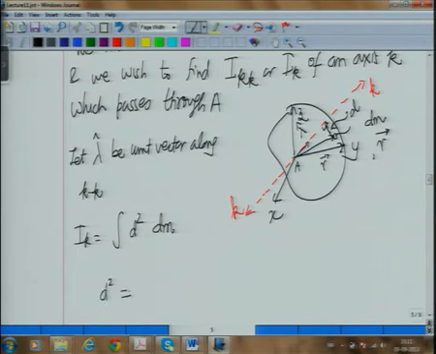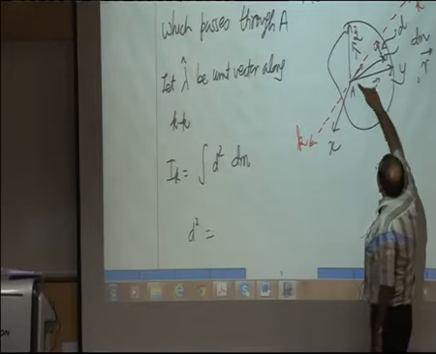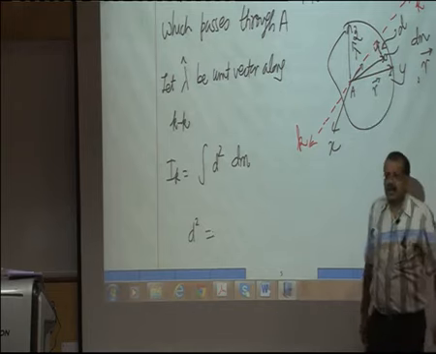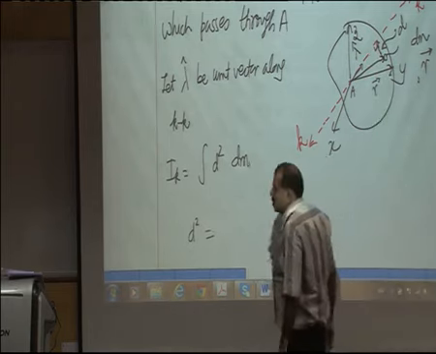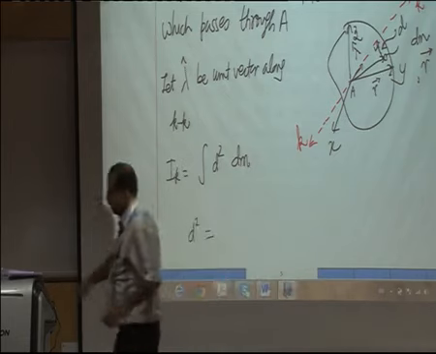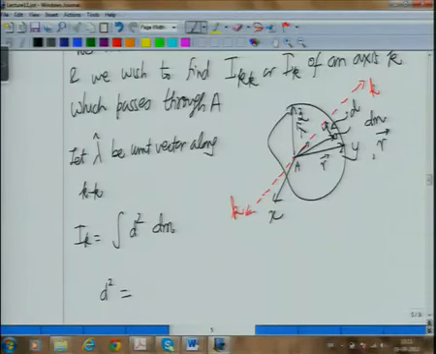Now this vector is r, and the unit vector along this is lambda. What is the distance d? If this angle is theta, then d squared will be equal to r squared sin squared theta.